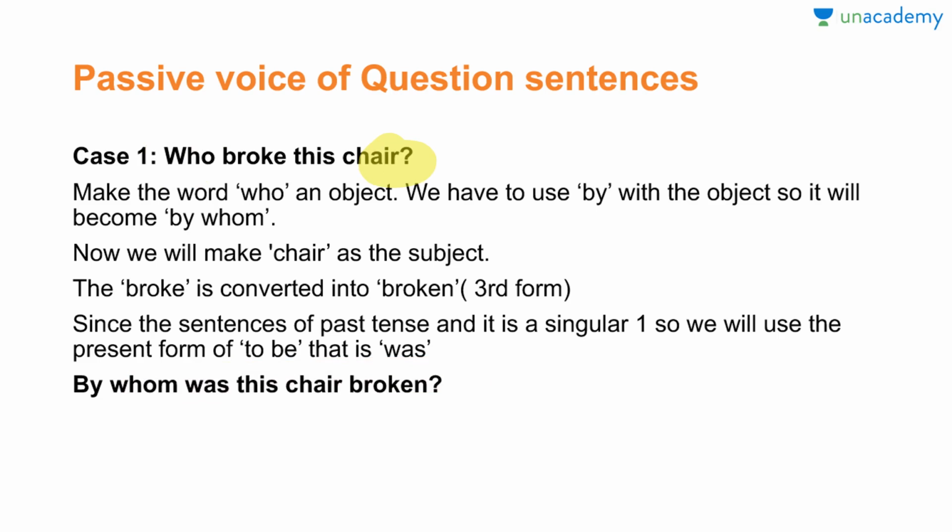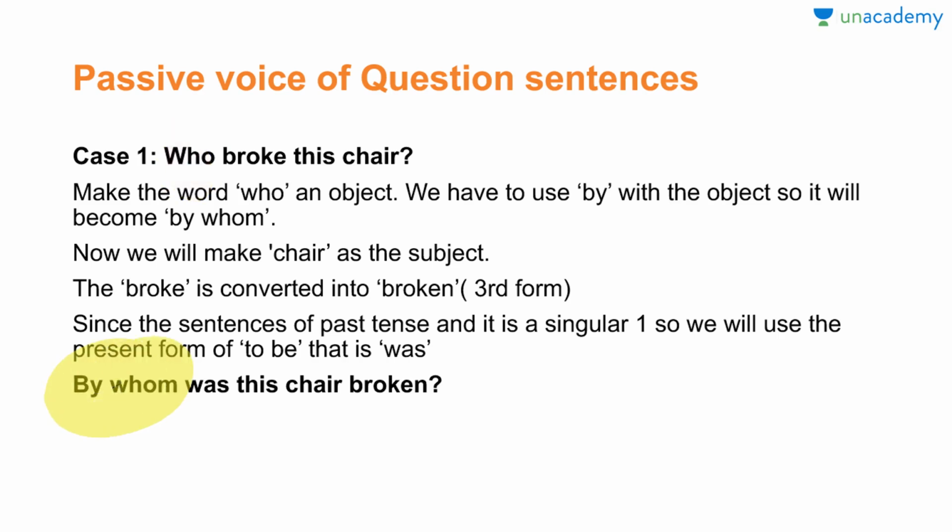Because for us, who is the object. Since these are an exception, for the question, whatever the first word is, do remember this, you have to take the first word only.